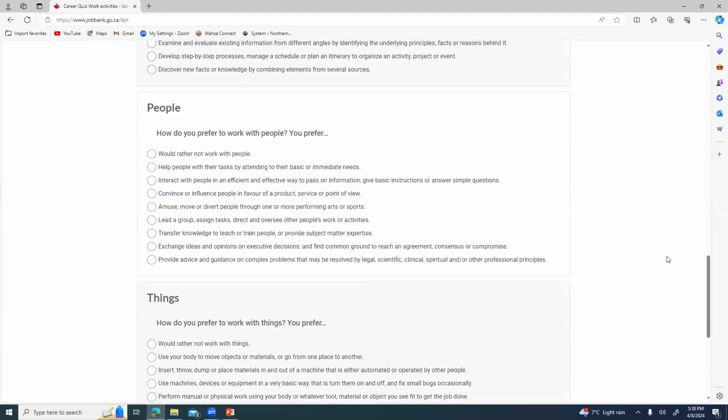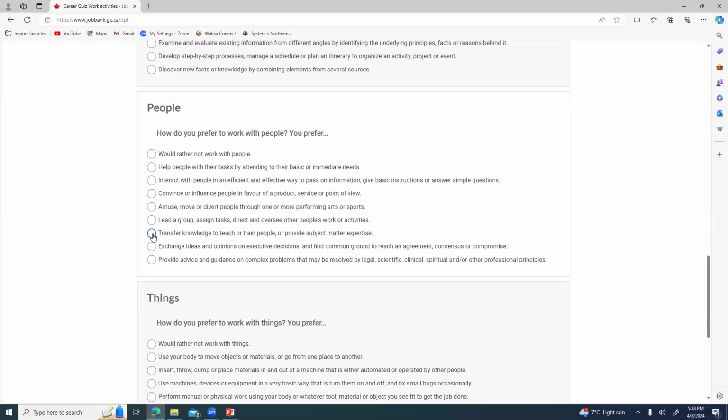How do you prefer to work with people? I love that the first one is you would prefer not to work with people. I think that's really funny. Anyways, help people with their tasks by attending to their basic or intermediate needs. Interact with people in an efficient and effective way to pass on information, convince or influence people, amuse, move or divert people, lead a group, transfer knowledge.